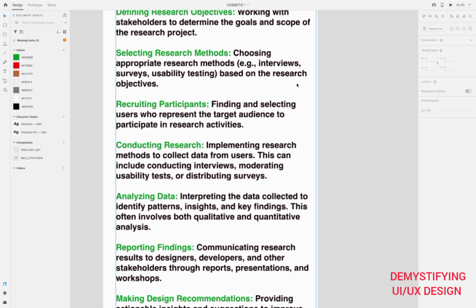Reporting findings: communicating research results to designers. Here is now your work. You need the research findings from the UX researcher before you can make your design. Do you understand? You need the research from the UX researcher before you can make your design as a UI designer.